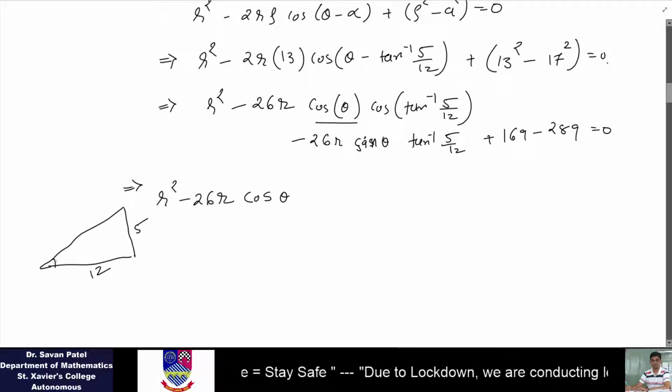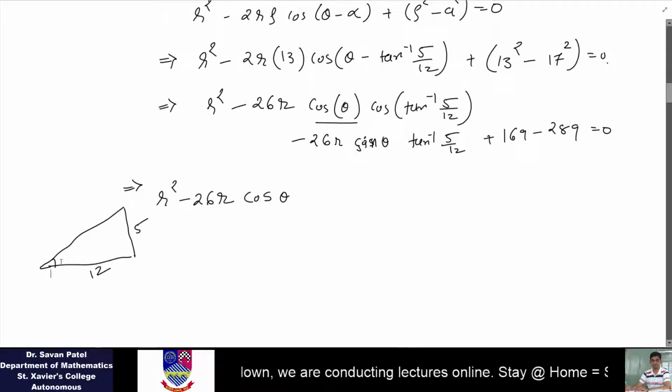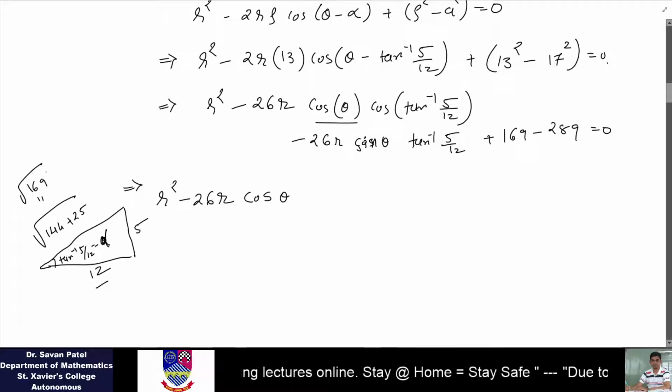So this angle is your tan inverse 5 by 12. Let me say theta. Sorry, theta is already taken, so take it as alpha. Since this is 12 and this is 5, this hypotenuse is square root of 12 square, that is 144, plus 5 square, that is 25, that is square root of 169, that is 13. So this value is 13.